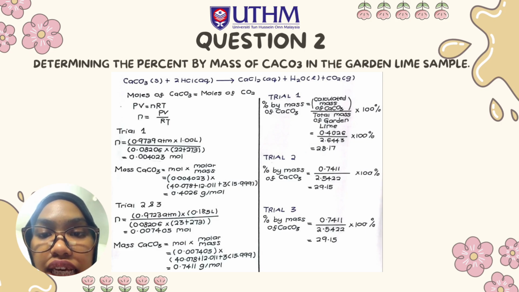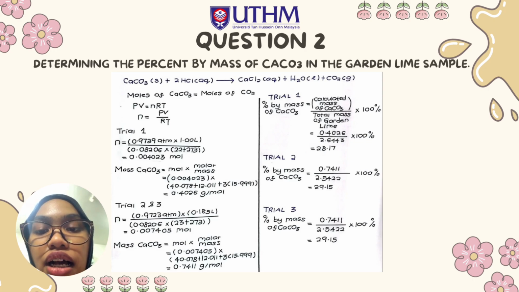So, moles of CaCO3 equals moles of CO2. So we use the formula n equals PV over RT. We put the values for trial 1, 2, and 3 inside the formula.